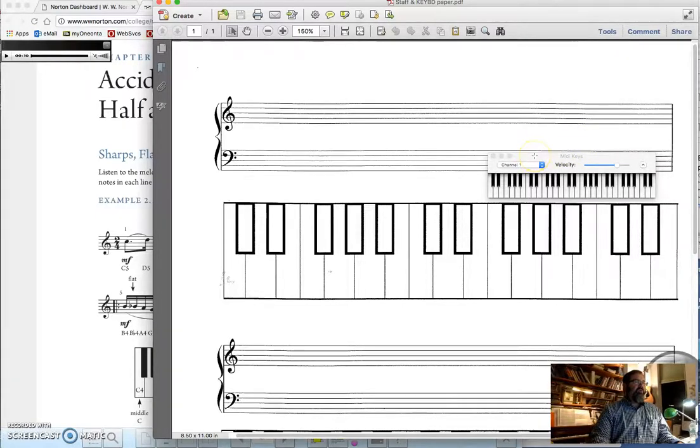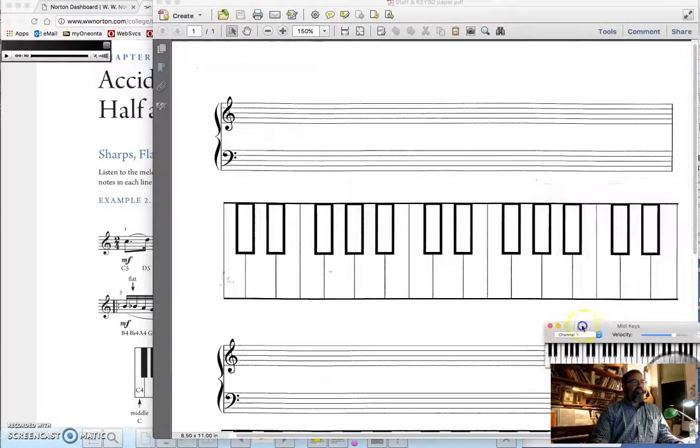repository, the content area for this chapter, is just a sheet of paper that looks like this. It's called staff and keyboard paper. It's really good to be able to understand the geography of the pitch world through the keyboard, as well as maybe some other things, knowing that white keys are your letter name notes and that sort of thing.